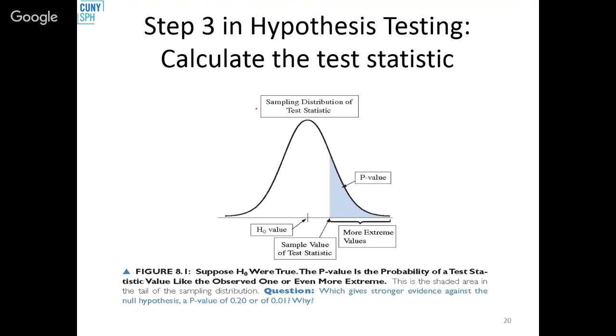So if your null hypothesis is true, you will know that your test statistic follows the standard normal distribution or follows the t distribution. You know what the distribution is under the null hypothesis. And based on that, you can calculate the probability under the tails of this distribution of observing your test statistic or something even further out on the tails of that sampling distribution.